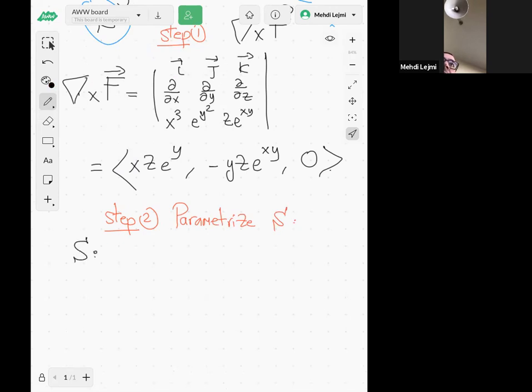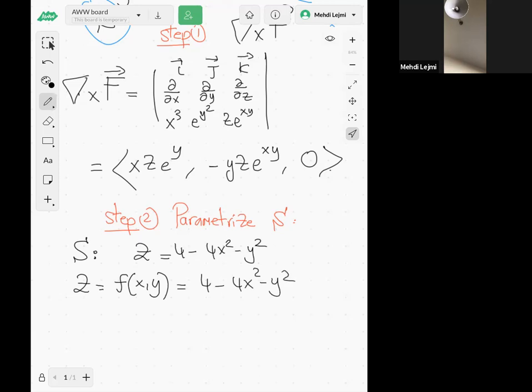S is given by z equals 4 minus 4x squared minus y squared. So this is a graph of a function of x and y, like saying z is my f of x, y, and my f of x, y would be 4 minus 4x squared minus y squared. If you can express z in terms of x and y, then your surface is just the graph of some function f.